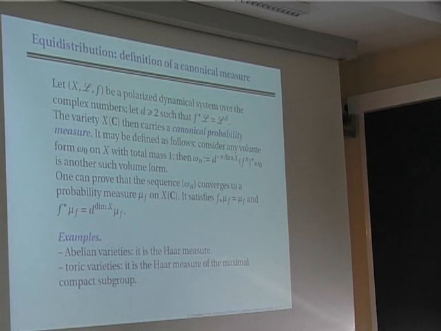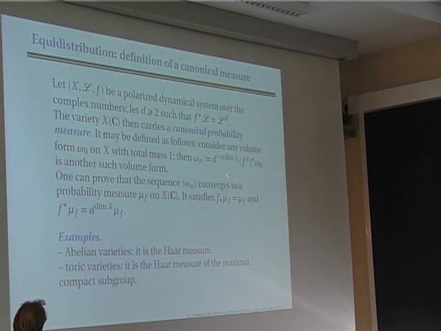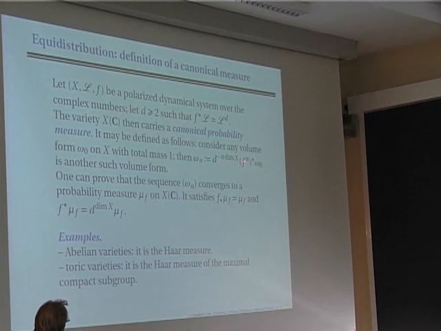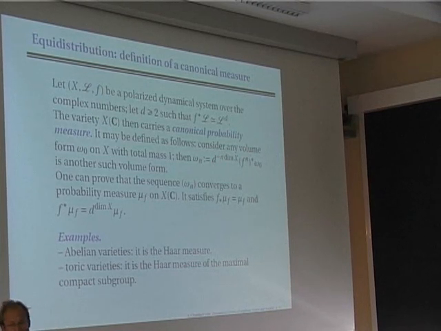To define it, you just need to take any volume form on the variety, a differential form of maximal degree, so the degree is 2 times the dimension of the algebraic variety X. What you can do with this form is to pull it back using the dynamical system f, n times, and divide by d to the power n times the dimension of X, so that you still have a probability measure.